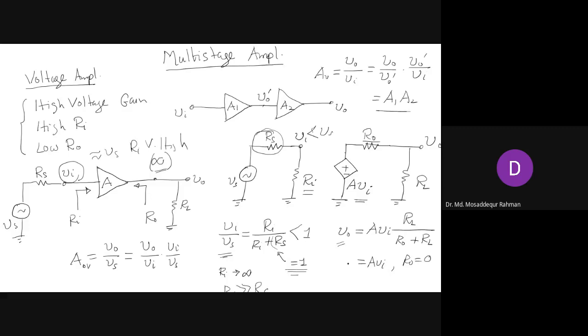Common emitter has high voltage gain, but it has a low input resistance and high output resistance, which are opposite. So how can we meet these features in our amplifier? You see, which configuration has the high input resistance?